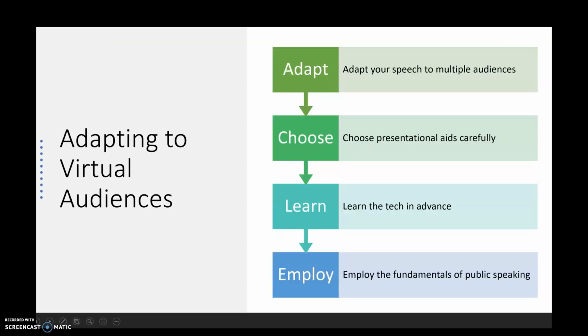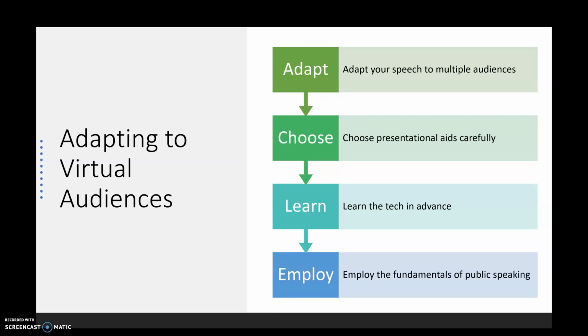So we already talked about this one too, but just kind of as a recap, to adapt to virtual audiences, you want to adapt your speech to multiple audiences. Choose your presentational aids carefully and make sure that everyone can see or hear them from their respective screens. It's a good idea to learn the tech in advance.